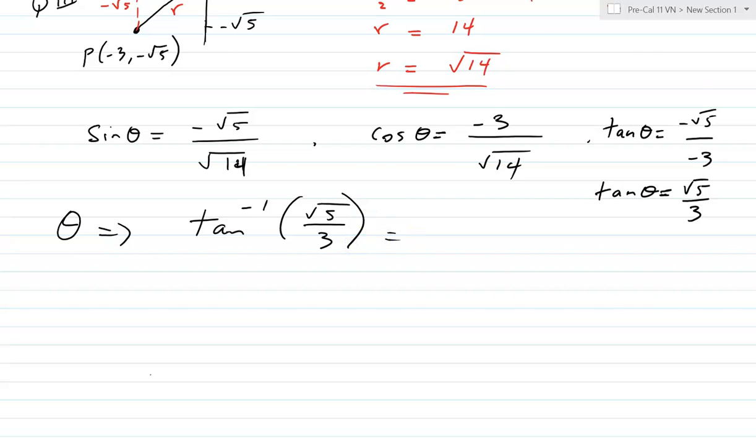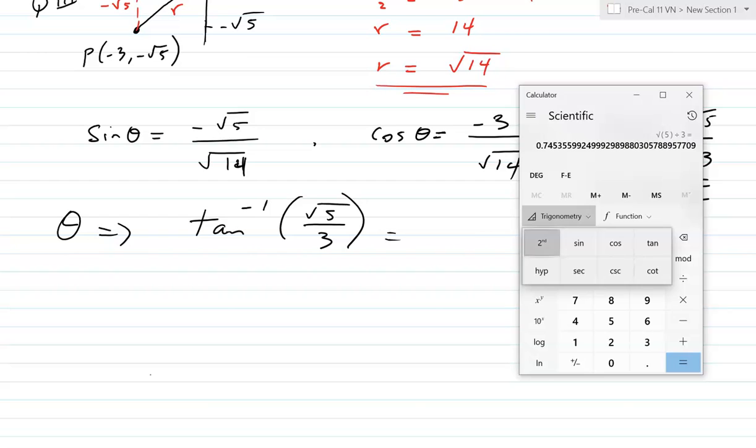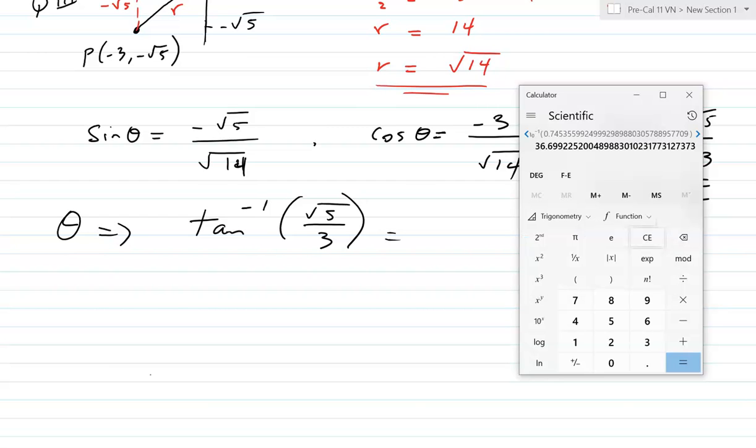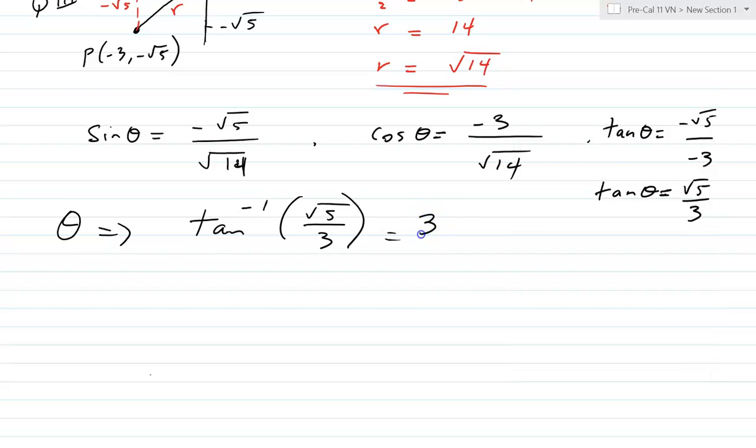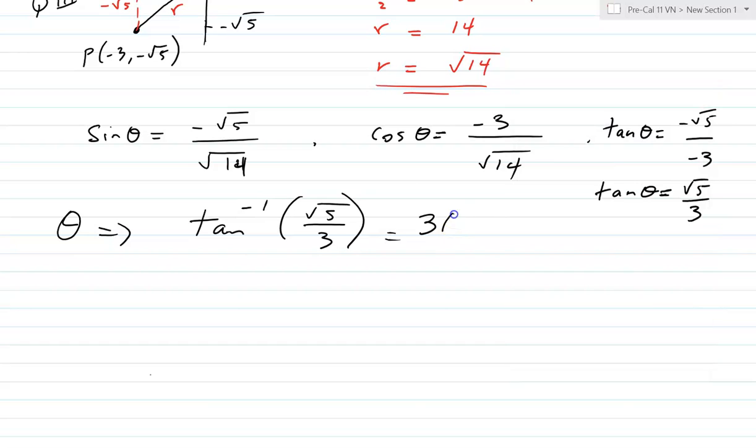Excellent. You punch it in a calculator: √5. So here it is, 5. I'm going to take the square root of that, divided by 3, equals, I get that. Then I go to second function, tan inverse of that, and I get 36.7 degrees, 36.7 degrees approximation.